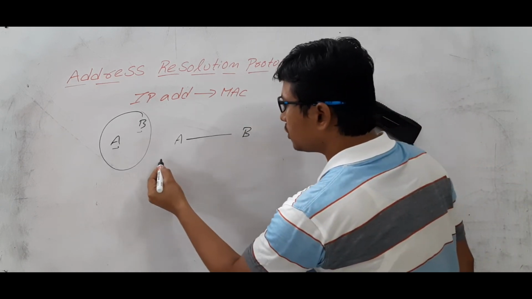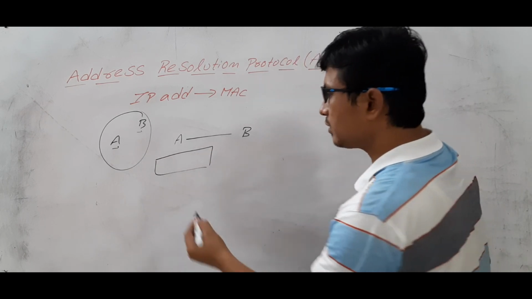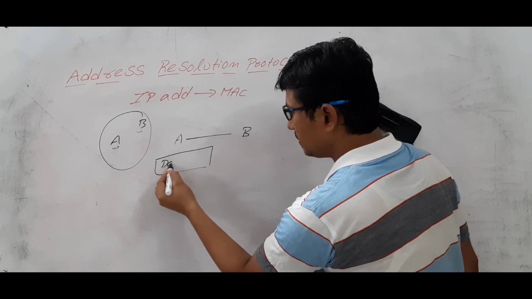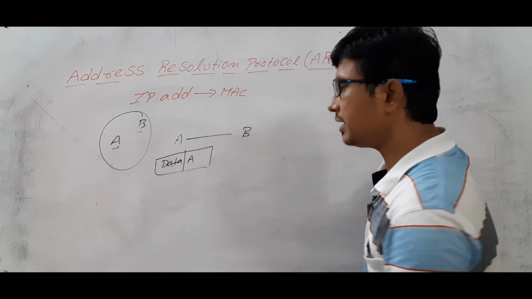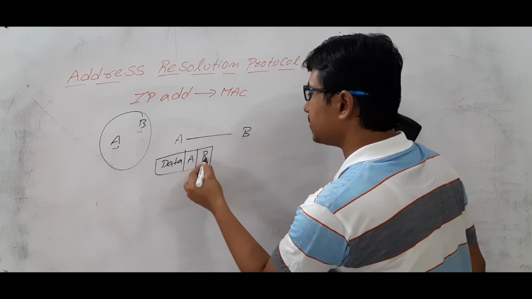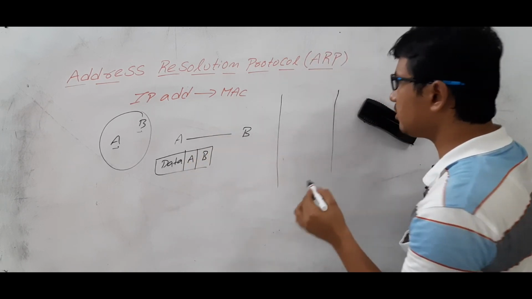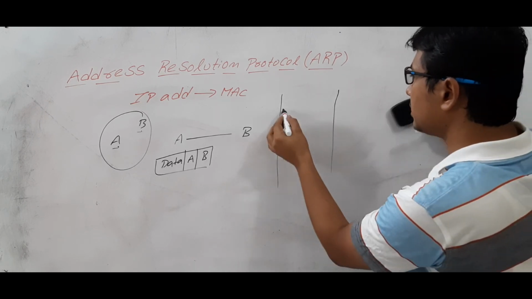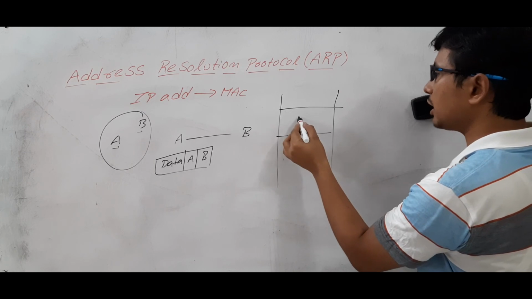So now let's take that A wants to identify B's MAC address to send the packet. Now what will it do at the network layer? The network layer will keep the data and A's IP address and B's IP address. If you have watched my earlier videos, you can tell me what protocols are there in the network layer.